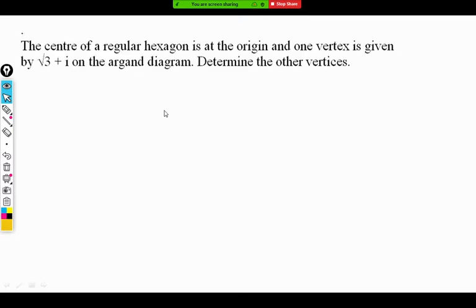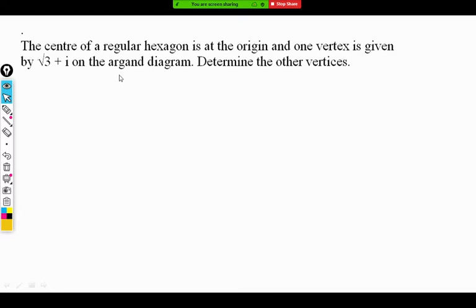So here is the next question. This question can be done in two different ways. So anyone first, go through the question and tell me step number 1, how to proceed or how to start this question. We are given that the center of a regular hexagon is at the origin.